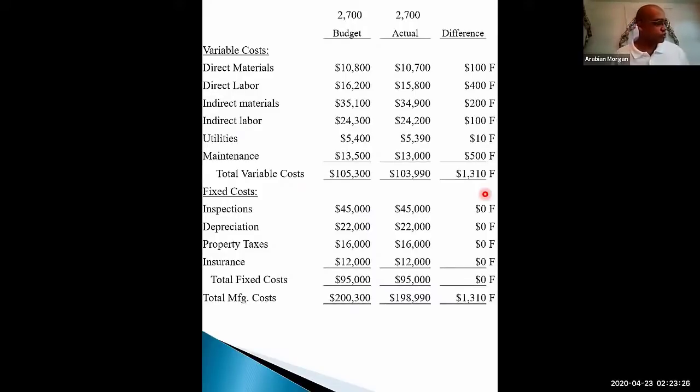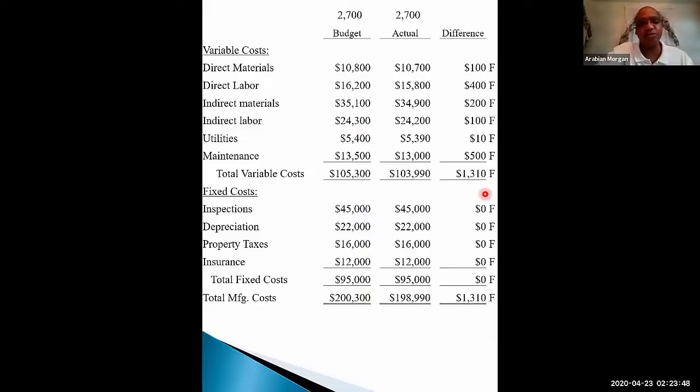Okay. So what I want to do now is point out some things here. Once we look at this budget report, Manny is to be congratulated, I guess, or maybe he's going to ask for a bonus or something, I don't know.